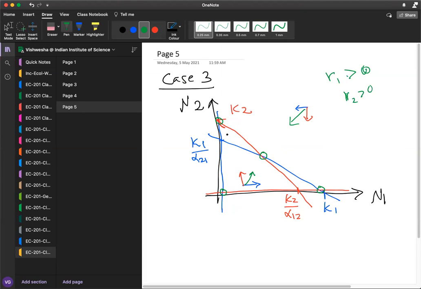So let's start with this intermediate region. In this region, blue is decreasing, but the red is increasing, because I'm below the red line. Species 2 is increasing. The net effect is in this direction, which means that this is a stable equilibrium.